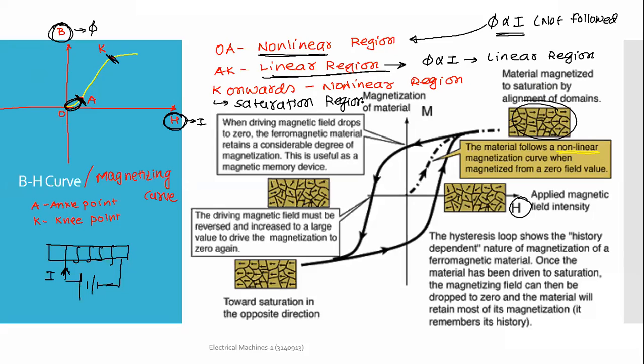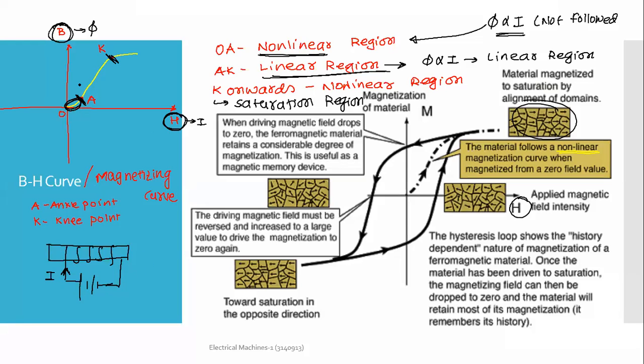I will explain this in detail. What is a saturation region? What we are doing here is increasing the current through the coil, so we are increasing the magnetomotive force, and that is why the domains keep on aligning.